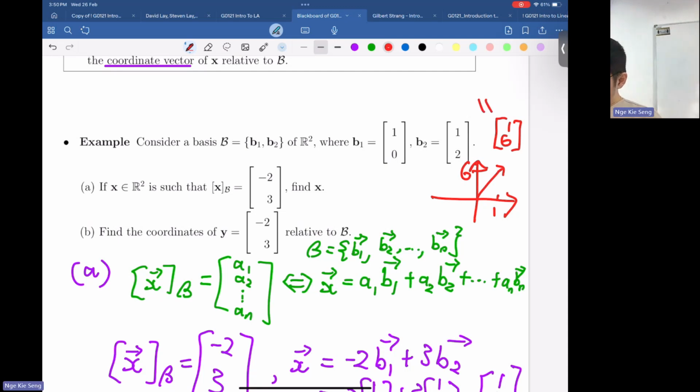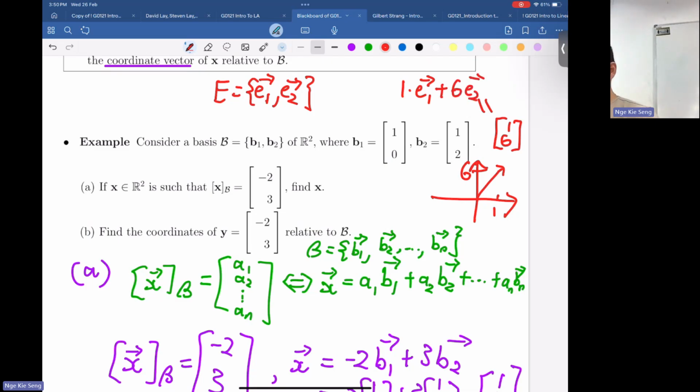So if we look at the standard basis address, the standard basis address is very easy. You just take the first number as your first component, and the second number as your second component. So our address is like this: you have 1 unit to the right, and then 6 units going up.